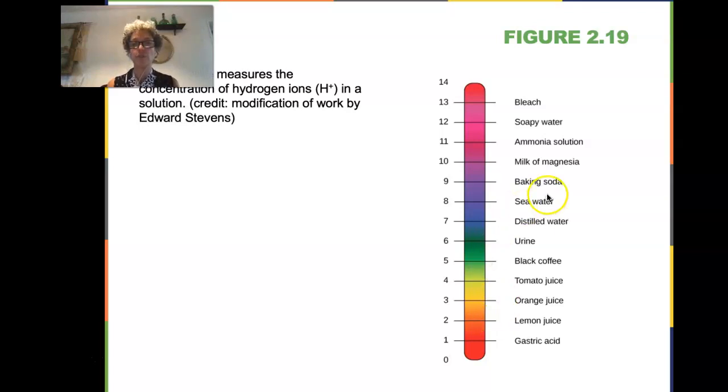So the difference between distilled water and seawater, it's 1 pH point, but there are 10-fold fewer hydrogen ions in seawater than in distilled water. Likewise, between 7 of water and 5 of coffee, that's 2 units. That means coffee has 100-fold more hydrogen ions than does distilled water.